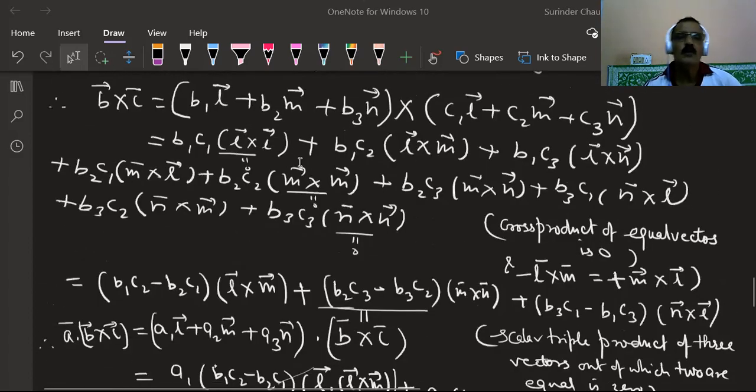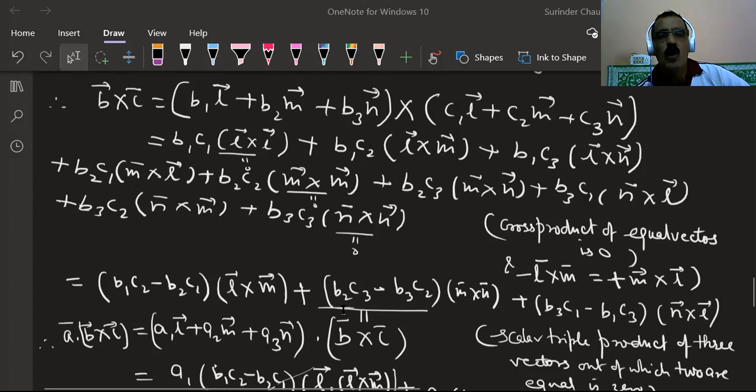Now we write the terms in vector form in cyclic order: L cross M, M cross N, N cross L. So we convert this term: this is L cross M, and this one is M cross L. If I convert this into L cross M, this minus sign will be here, and both terms will be combined.